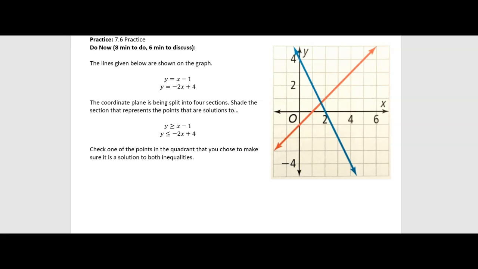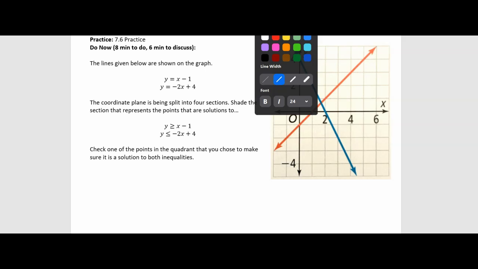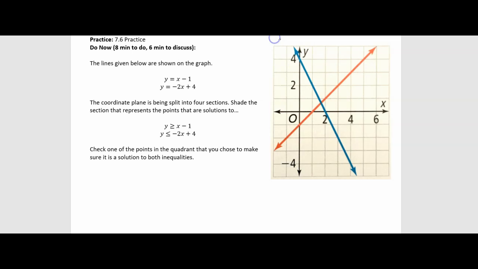And we want to figure out which of these sections of the xy plane, so we can just label them as 1, 2, 3, and 4, right? These two boundary lines create four different sections. We want to figure out which one of those contains the solutions to both inequalities. So which one contains the solutions to the system of inequalities?